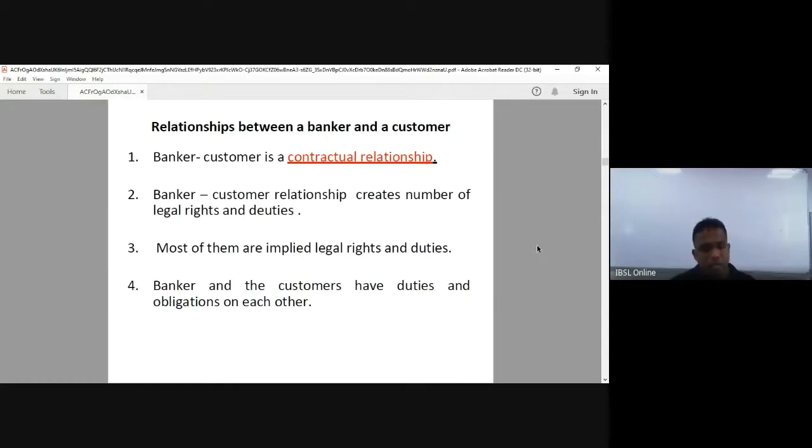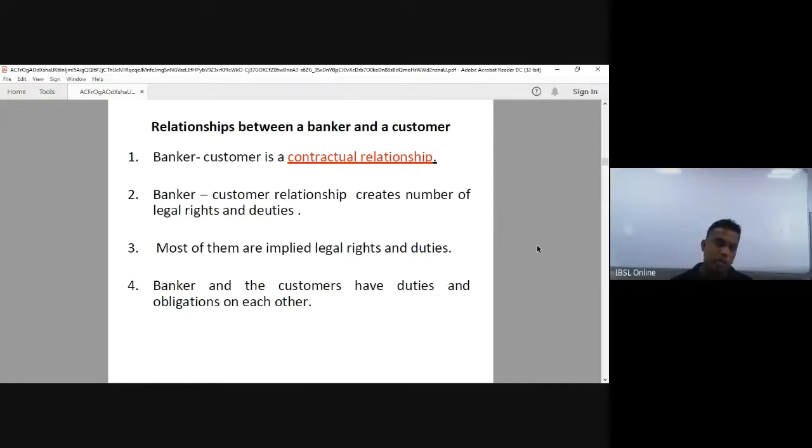What type of relationship do we have between the bank and the customer? So remember this, I have given it in red color here. The banker-customer relationship is a contract. The basic nature of the banker-customer relationship is a contract. It's a legal contract. It's a contractual relationship.